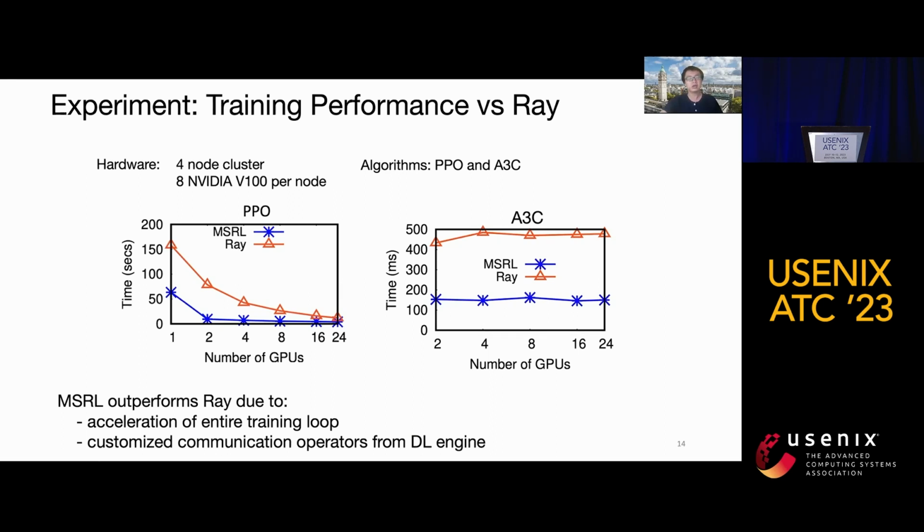Unfortunately, Ray here didn't accelerate the entire training loop. And another advantage of MSRL is that it used some customized communication operators provided by the underlying DL engine. Therefore, it's able to pick up the fastest communication channel instead of just using some default ones.